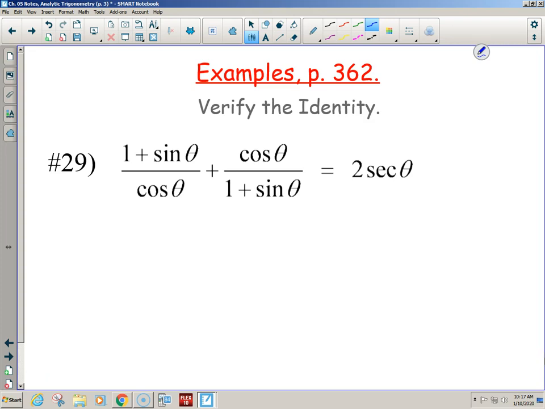Basically, 1 plus 2 sine theta plus sine squared theta plus cosine squared theta, all over cosine theta. Here? 1 plus 2 sine theta over that. And then I'm kind of lazy, I don't really know. I figure it has something to do with 2 sine.